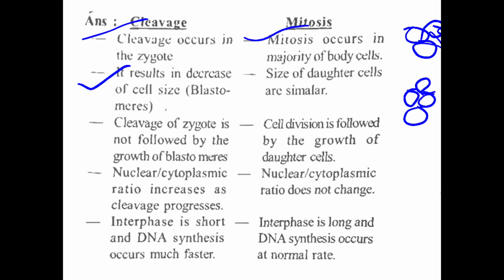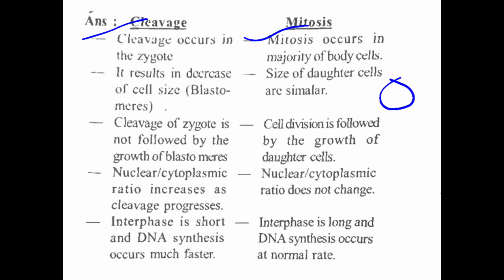In cleavage, in a very short time one cell divides to form many cells, but the cells are smaller than the mother cell. Whereas in mitosis, the daughter cells are equal to the mother cell. After mitotic division, two daughter cells of the same size are formed.